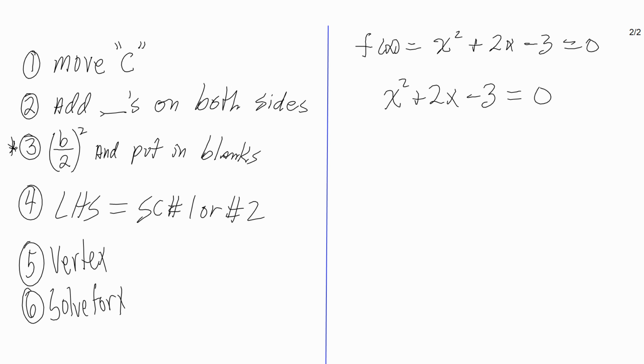Now, somebody tell me what C is. C is your y-intercept. Write that down. And it's also the first thing that you move. I always love it when students go, where do you move it? Well, where is it right now?